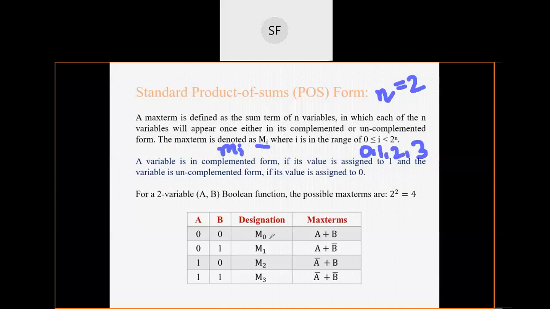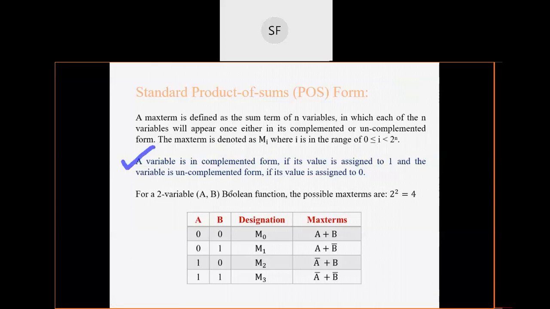So here you can observe these are the designations of max term for two variable Boolean function. Now again, very important difference between min term and max term and product of sum and sum of product is this. This point is very crucial. Now what is the difference?